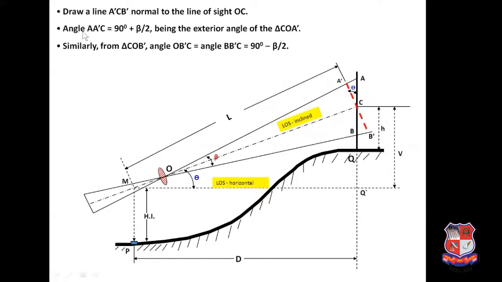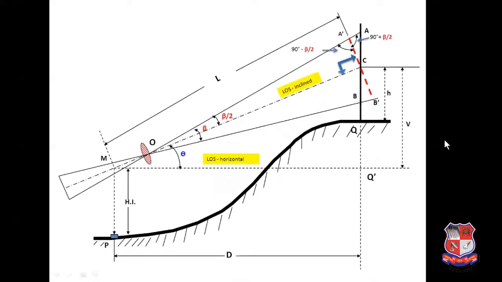In this way, in triangle A dash AC, this angle A dash AC will become 90 degree plus beta by 2, and similarly from triangle COB dash, angle OB dash C, that is equal to angle BB dash C, will become 90 degree minus beta by 2 as per this figure.